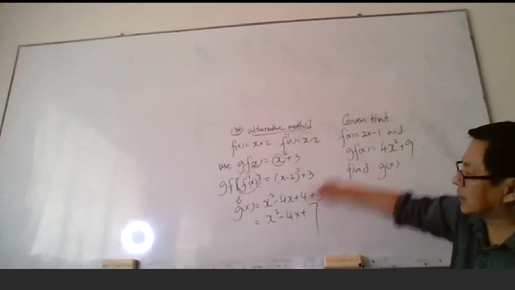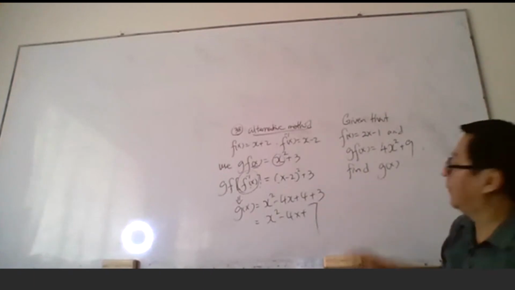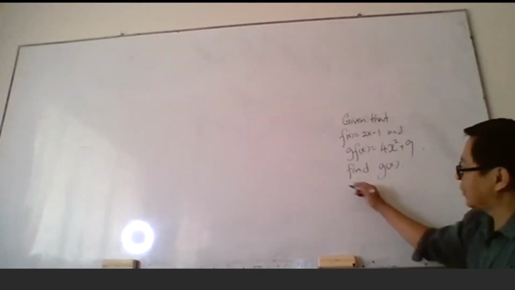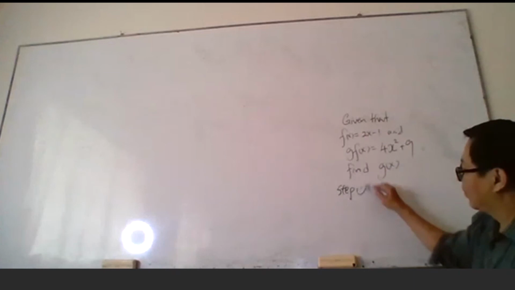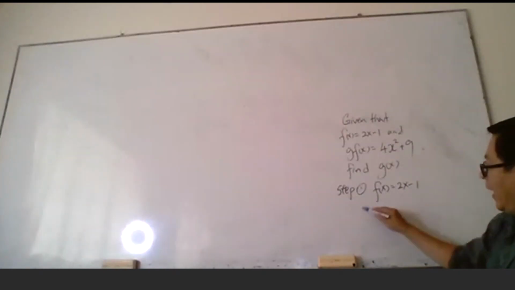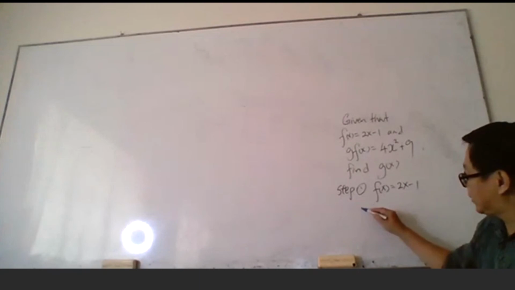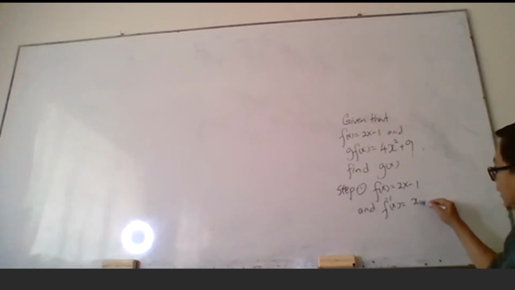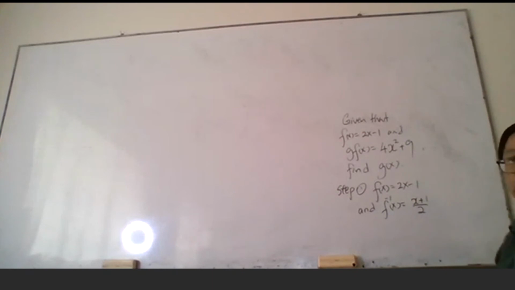I'm going to use this method for you. Step 1, I will use my f(x) to find my inverse, and my inverse will be x plus 1 over 2.